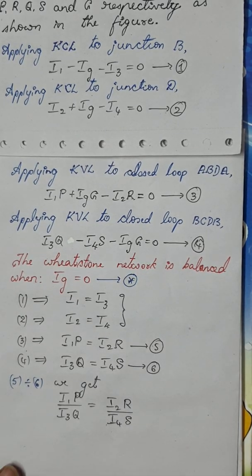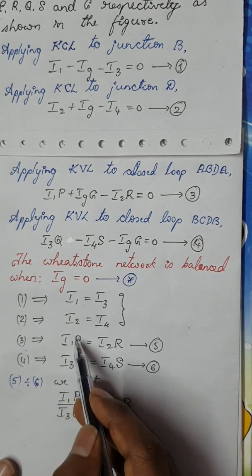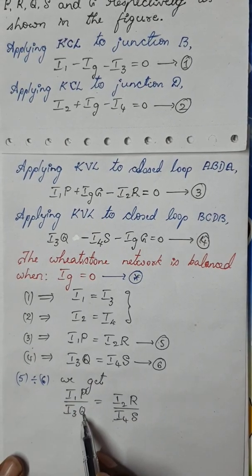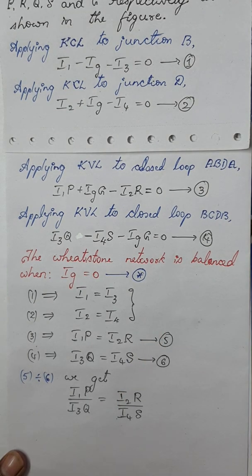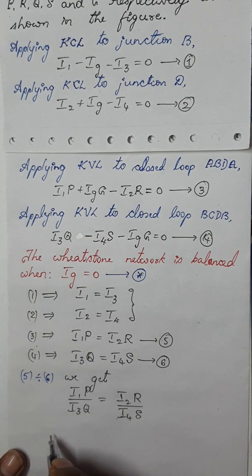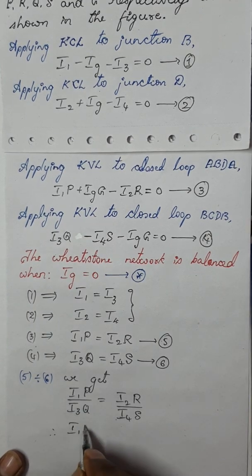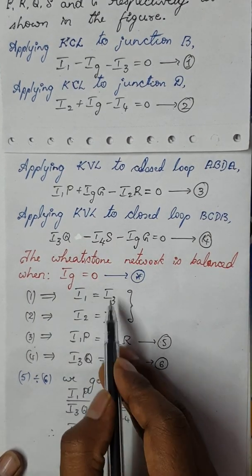Is it clear? So on the left hand side I am dividing I1P divided by I3Q is equal to I2R divided by I4S.